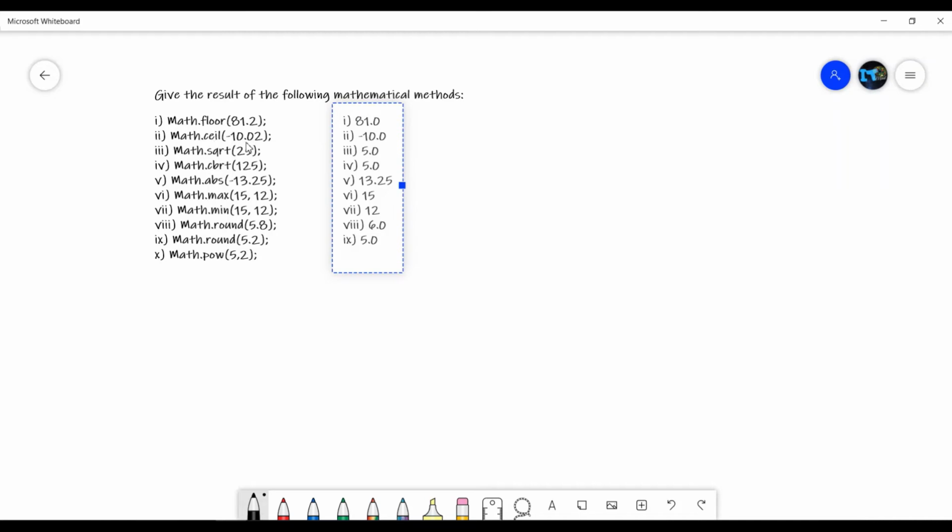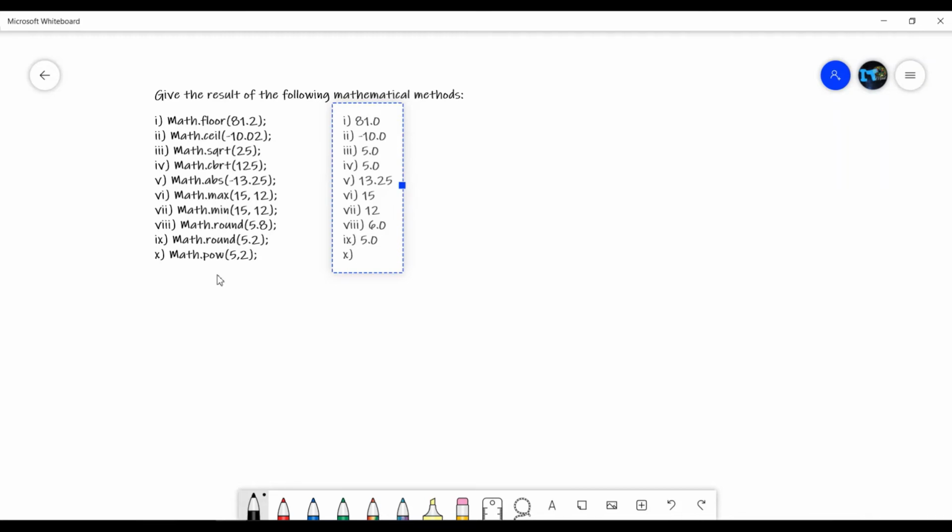If the value is 5.2, then instead of Math.round, you use Math.ceil(5.2). Then it will return the upper side of the value, that is 6, so it returns 6.0. Okay, so next question is bit number 10.